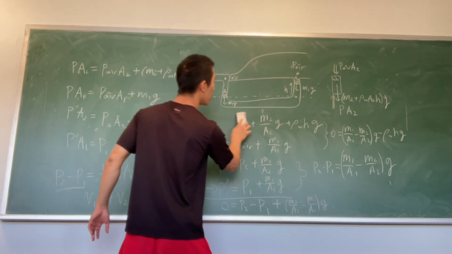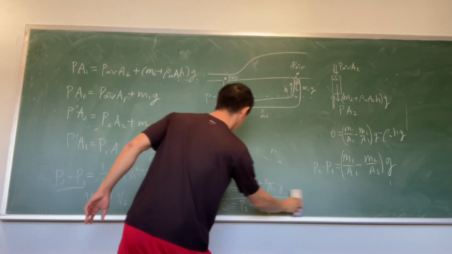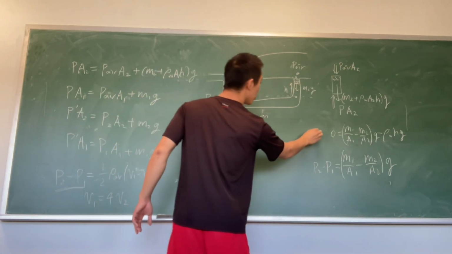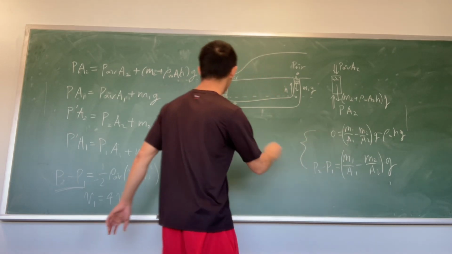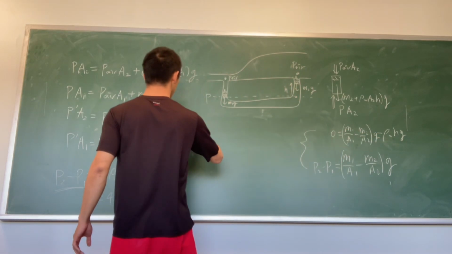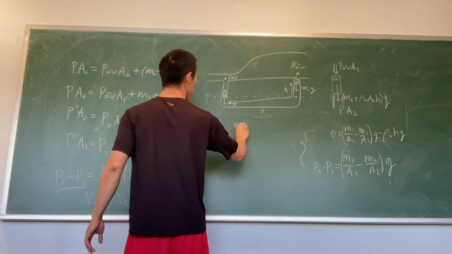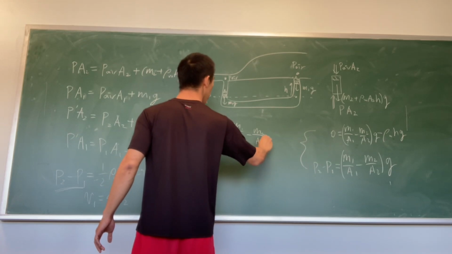So combining these two, I get this thing. I can move the minus term to the other side. Density of water, height times G equals this combination of the mass of the piston over the area.